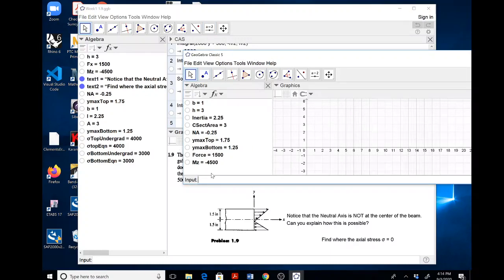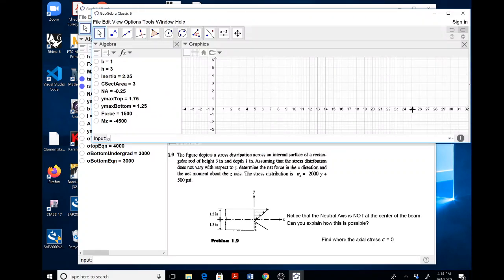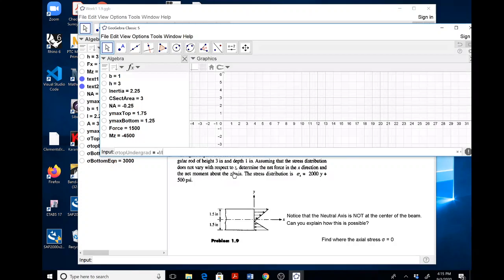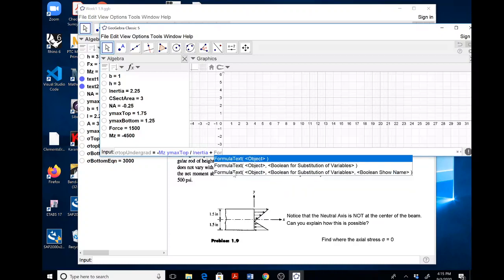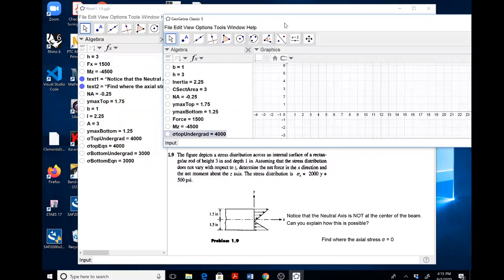So my undergraduate expression for stress, sigma top via undergrad, is minus mz times y max top over inertia plus the force over the cross-sectional area. And there's the 4,000. That's pounds per square inch.